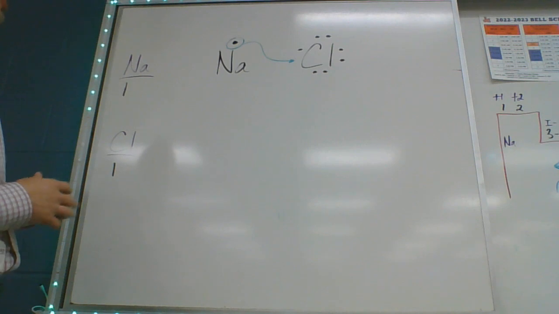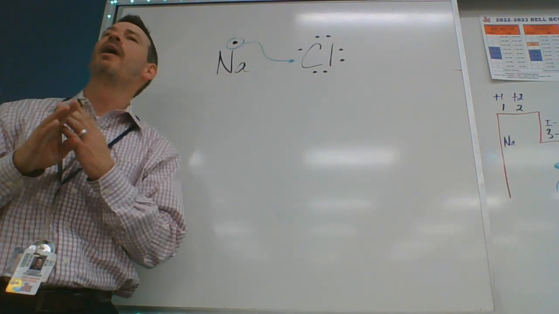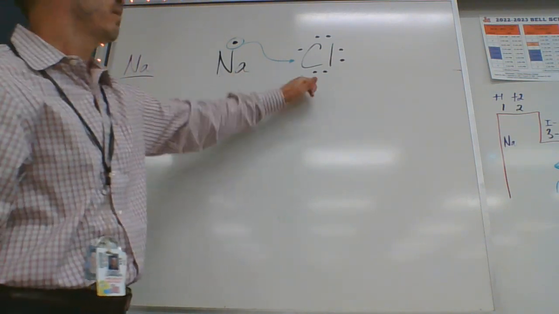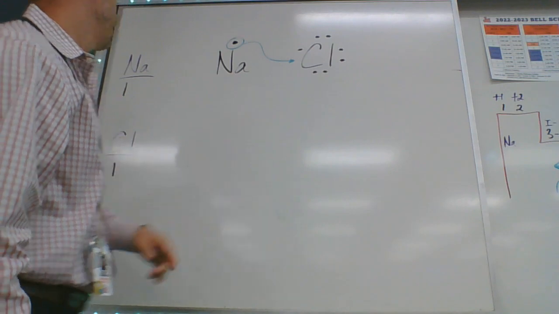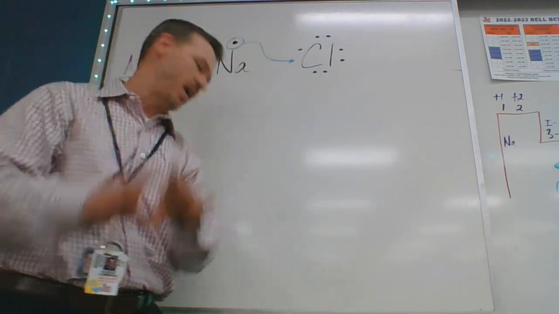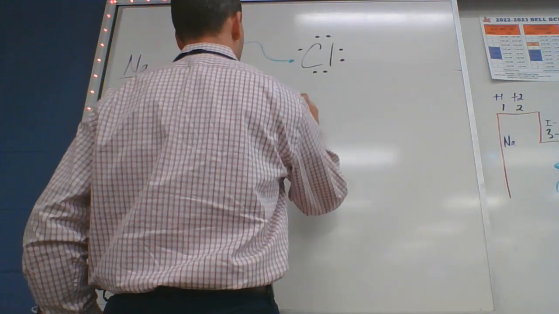And all I had to do in order to make this work, I started us off with a really easy one, but all I had to do to make everybody happy was draw 1 of each. Move that dot over there, 1 of each, which means if sodium and chlorine were to bond together, they do so in a 1-to-1 ratio.